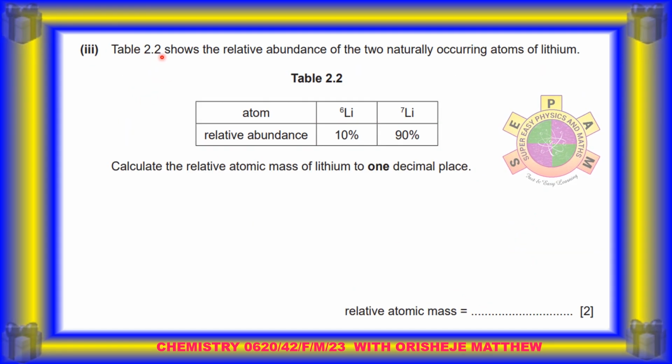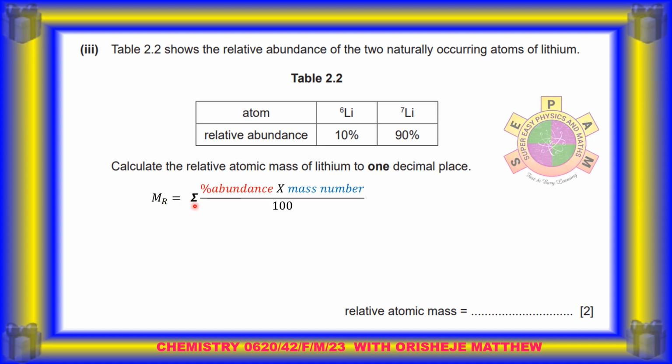Now, table 2.2 shows the relative abundance of 2 naturally occurring atoms of lithium. So lithium-6 is 10% and lithium-7 is 90%. Calculate the relative atomic mass of lithium to 1 decimal place. Now, this is the formula.